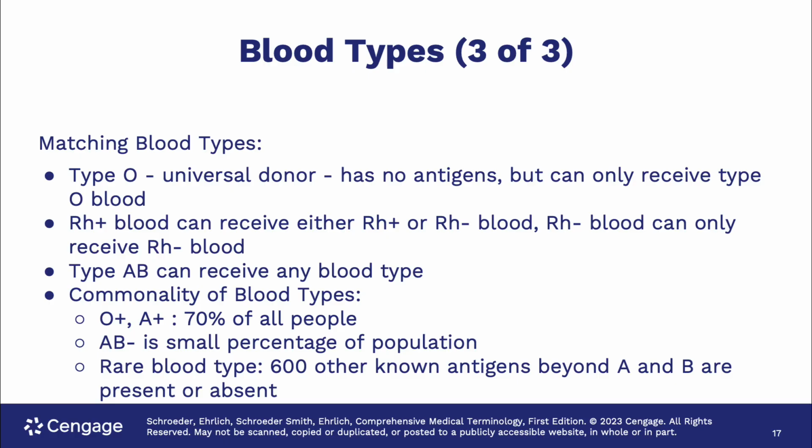Now, matching blood types. When you have a person donating blood, the ideal donor is somebody that has type O because they have no antigens. Okay, so there are no antigens on their blood cell surfaces, and those then aren't going to be attacked by the antibodies in the receiver's blood.